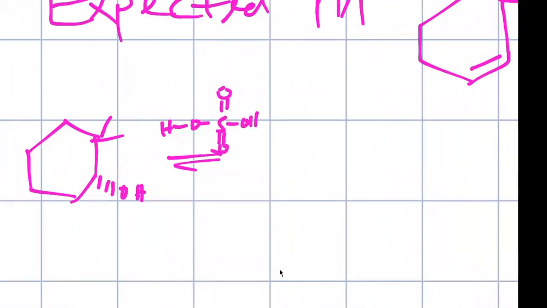Right? We already agreed that it's an E1 because it's done in the presence of acid. So this is coming here and here, right? So we're going to protonate oxygen.